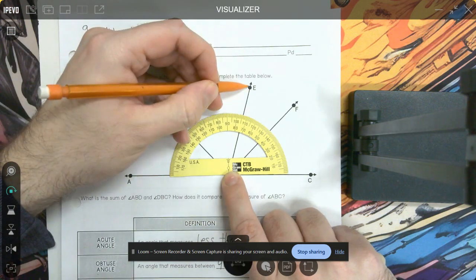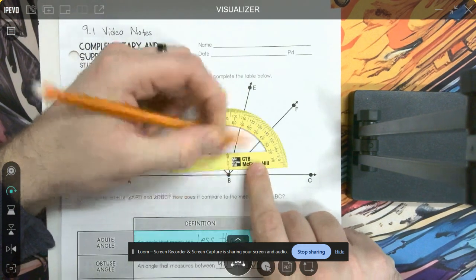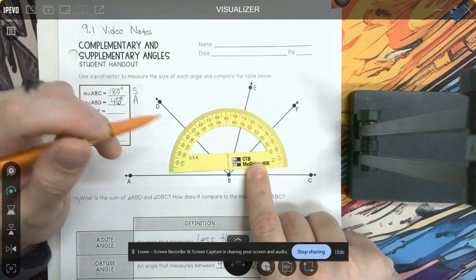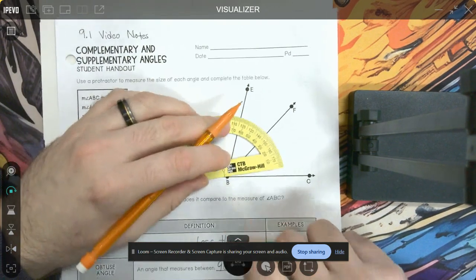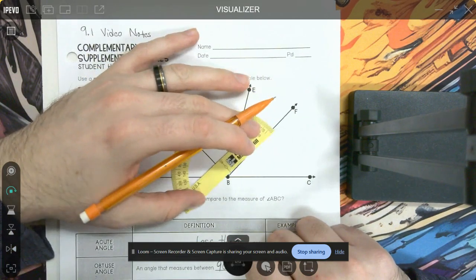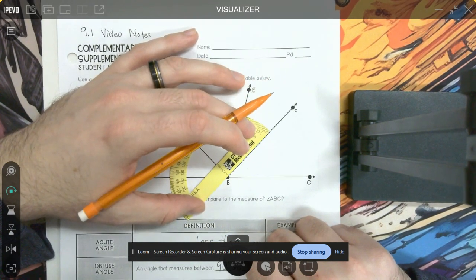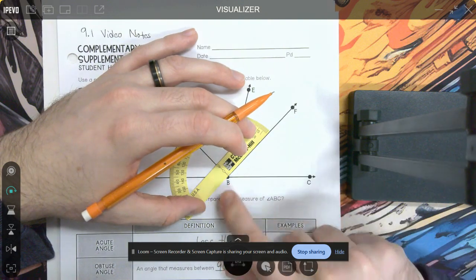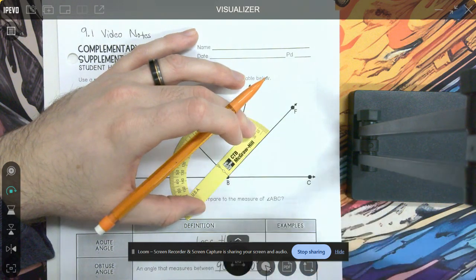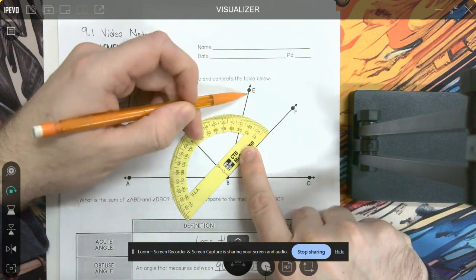All right, now try EBF. So we have E, B, F. This angle has to be lined up with two of your points. So we have to turn it to where now I have F, B, and E, and then I can see where E is hitting it.